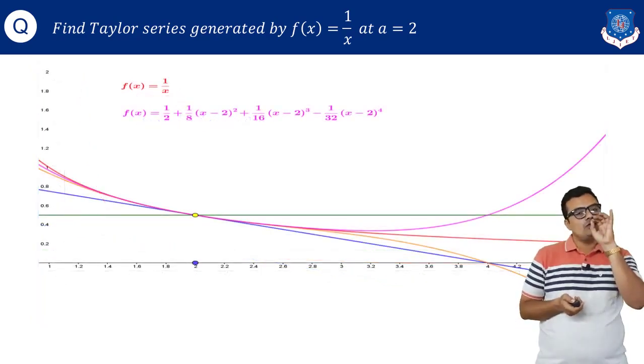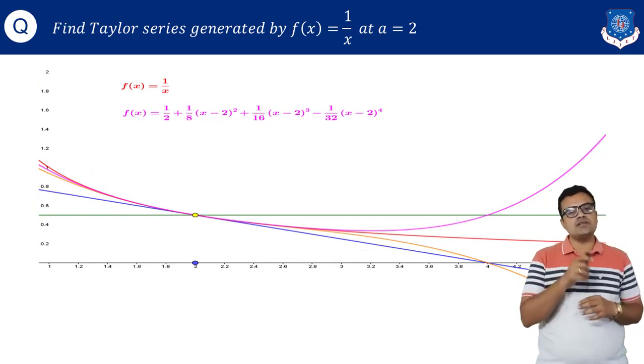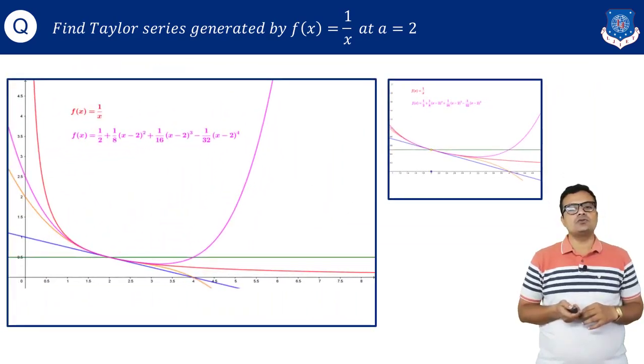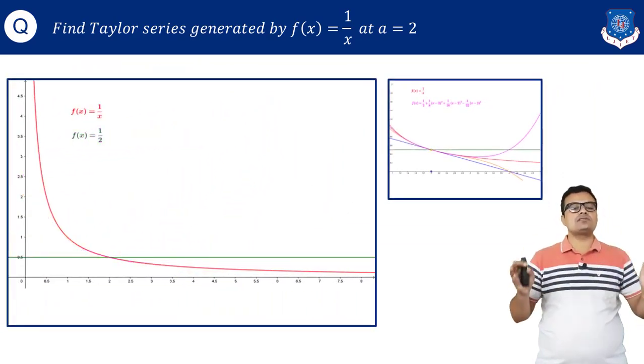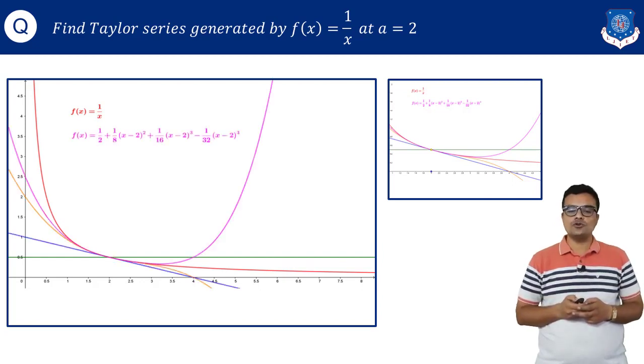And then if you look carefully, as I told you, all these graphs are intersecting at point x equal to 2 and this means that we are taking expansion at center a equal to 2. So this is the whole structure of Taylor's representation of function 1 by x at point a equal to 2.